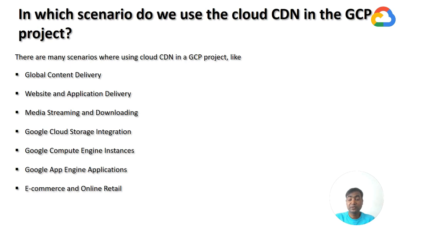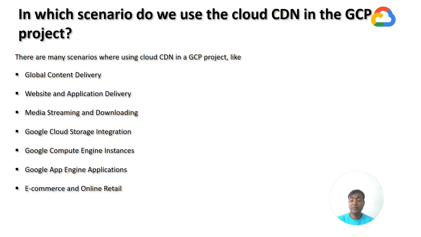If your website serves images, videos, JavaScript files or other files to users worldwide, Cloud CDN significantly improves loading times across different regions. For web application static assets, used by your web application like icons, fonts, and CSS files, they benefit from faster delivery through edge locations.